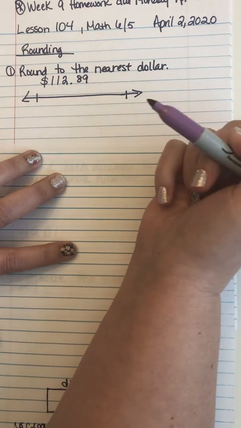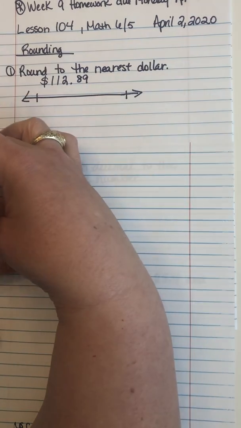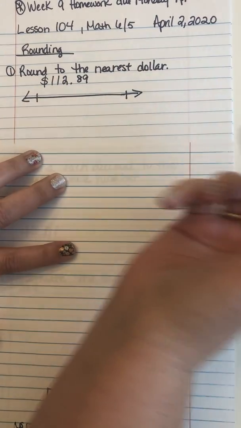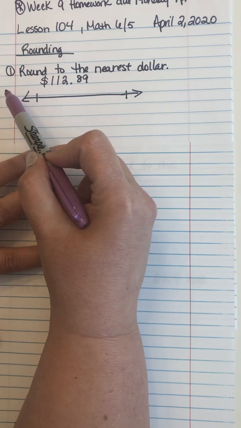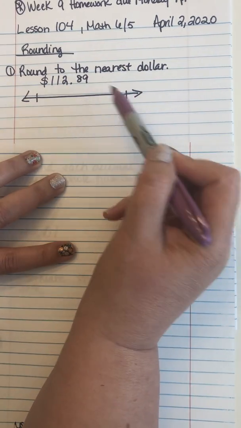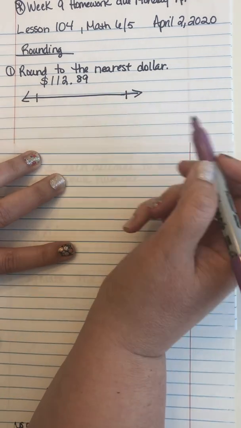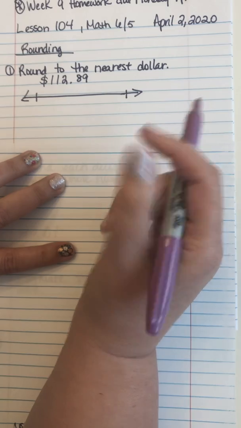So we're dealing with rounding or estimating. They're very closely related. Just like we did in 101, we're going to use the number line to help us round for the first few. Once you get the hang of it, you don't have to use a number line at all.